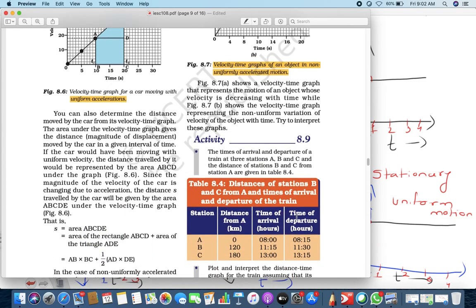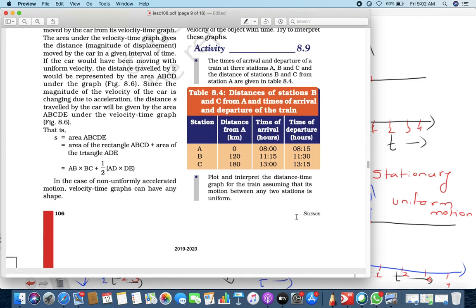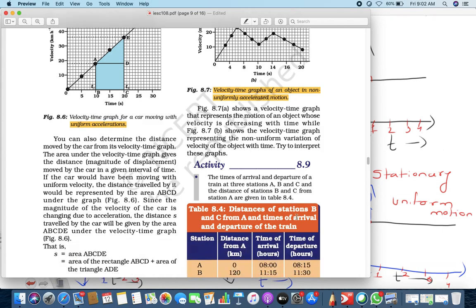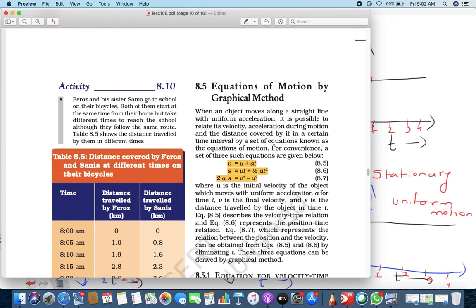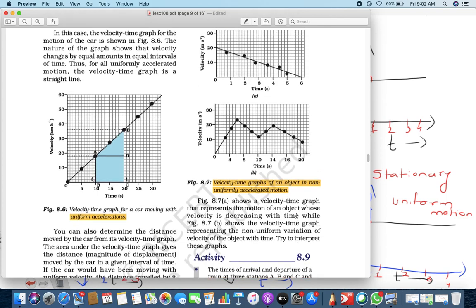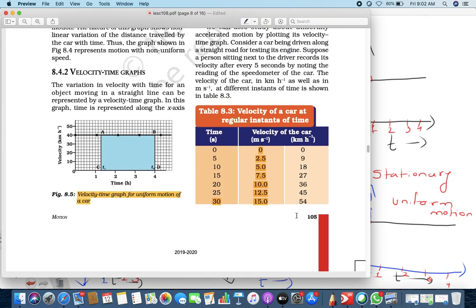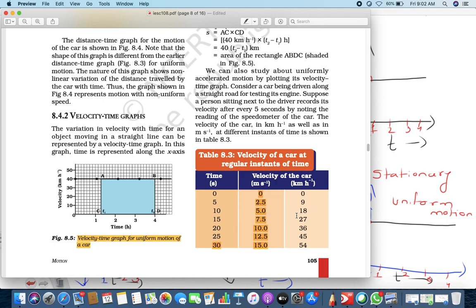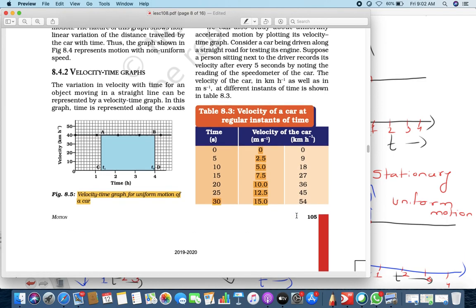So these are the 4 graphs we learned in a velocity versus time graph. I hope you are getting, right? Please put in effort to read the textbook every day. That will only help you.